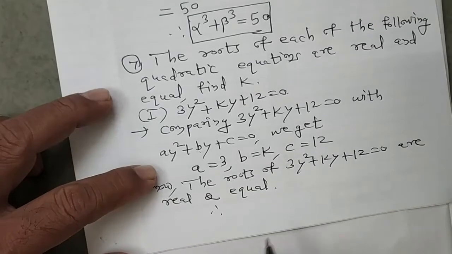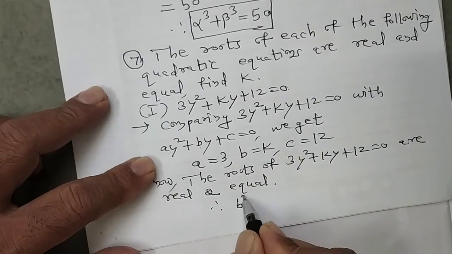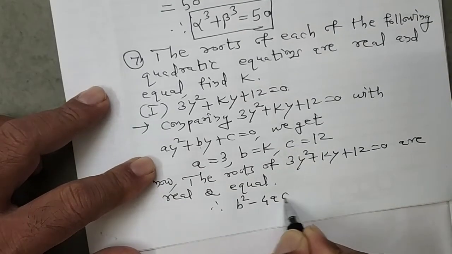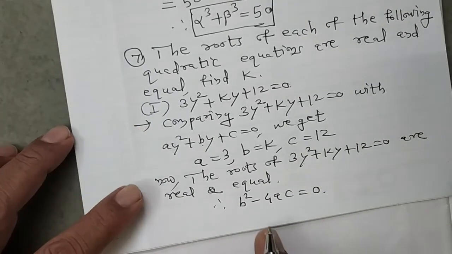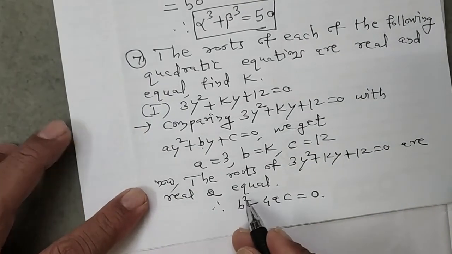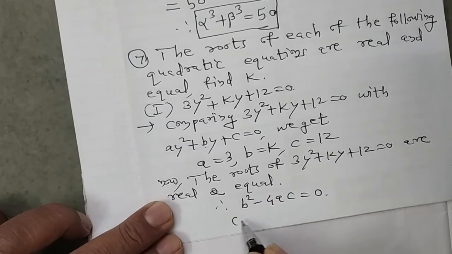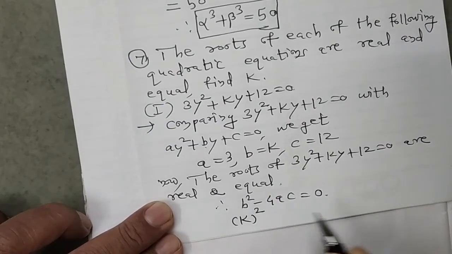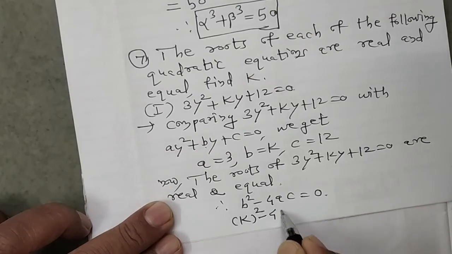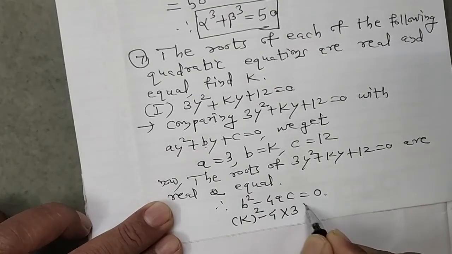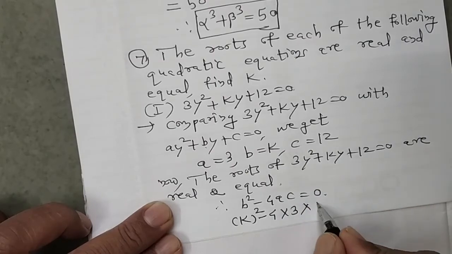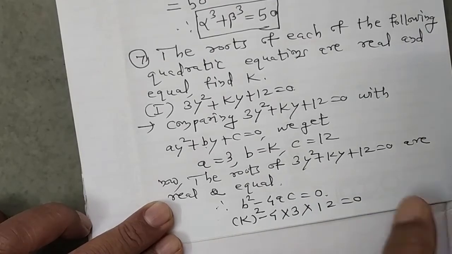Therefore the condition is b square minus 4ac is equal to 0. Now put values. Value of b square, that is k square, minus 4 into value of a, which is 3, into c, which is 12, is equal to 0.